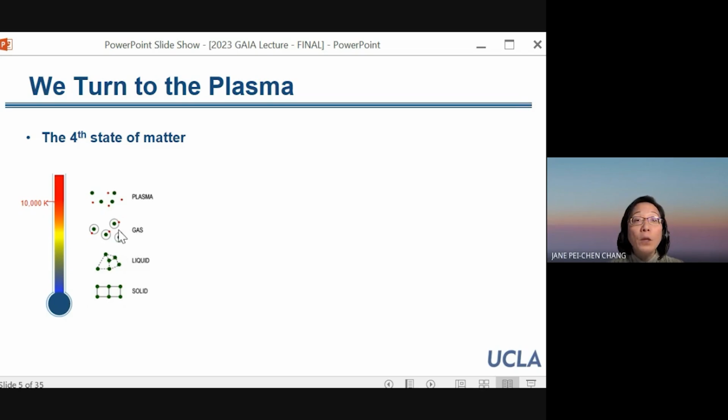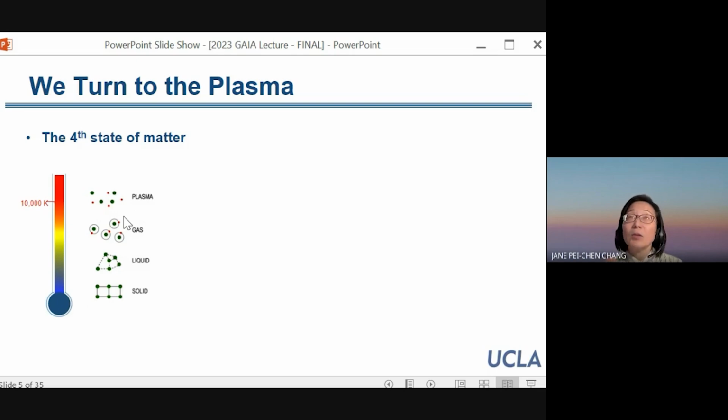Now, if you increase the temperature to 10 or 15,000 degrees Kelvin, this is when you start ripping the electron from the atom or molecules of your gaseous state species to create a partially ionized gas mixture. And this mixture, we call it a plasma.